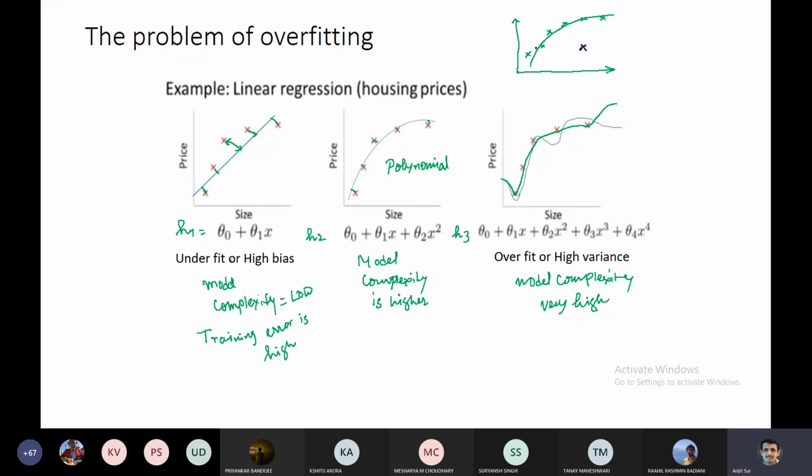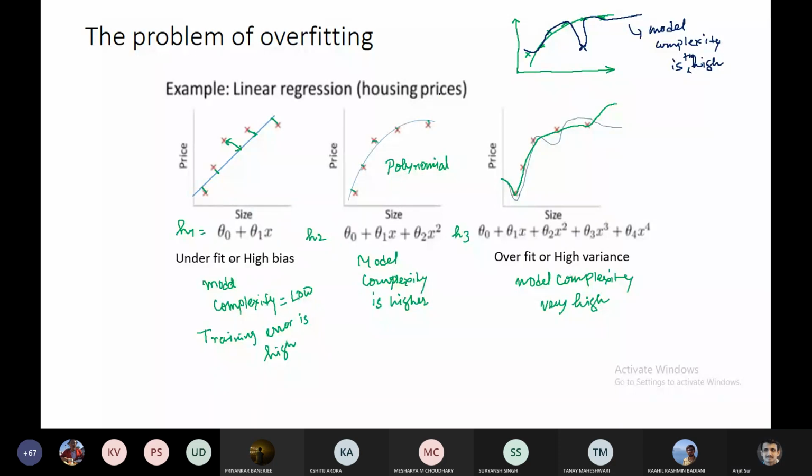Are you going to keep the same curve, just neglecting this particular point? Otherwise, you can do something else. Definitely with this curve, the model complexity is too high.